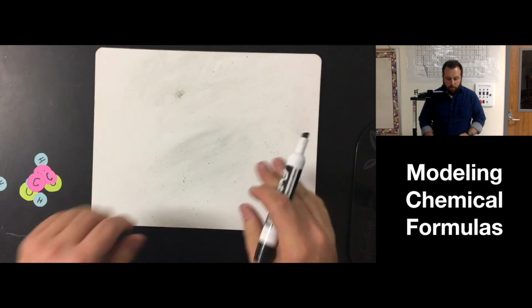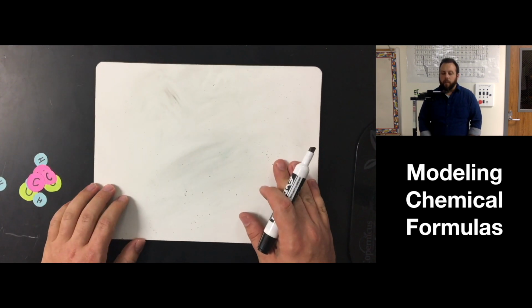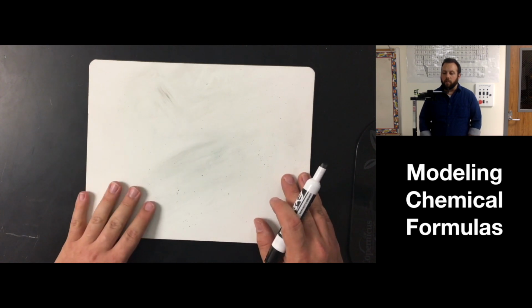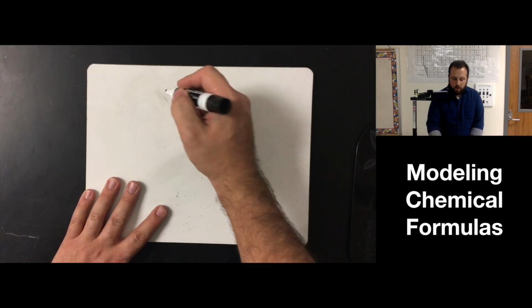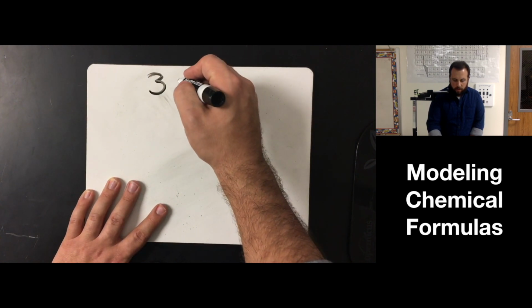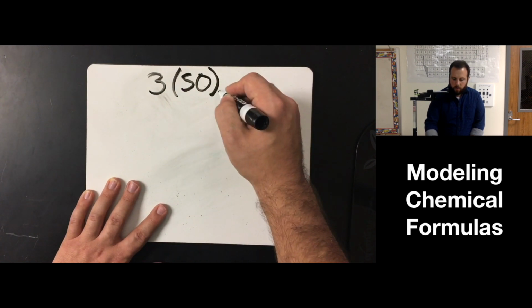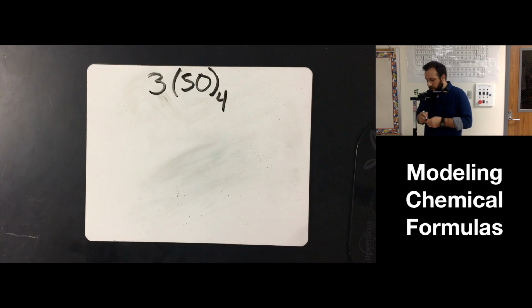Now the last type of model that we're going to do, I'm going to show you how to use popped cubes, and this is what you're going to do to practice modeling next. So we're going to look at this chemical formula right here. We've got to look and see what information this chemical formula tells us.